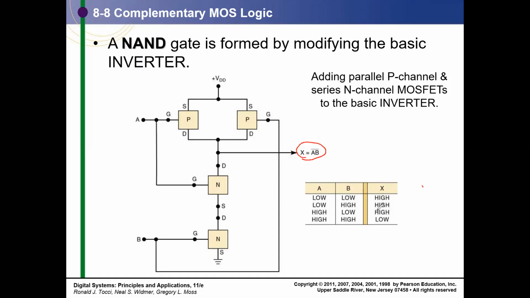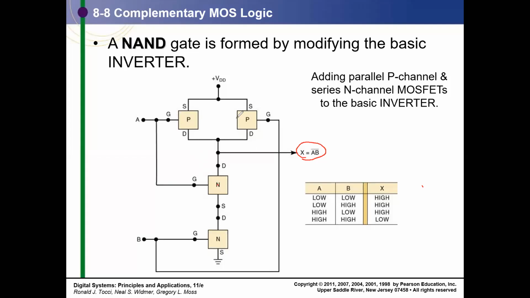And you can work out this low-high combination. If A and B both are low, the N switches are open, and this output will be 1 because both of the P transistors are conducting. If any one is low, this is a series network, so any input low means an open switch, and that path cannot work.